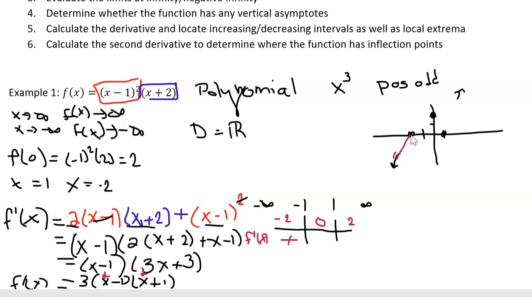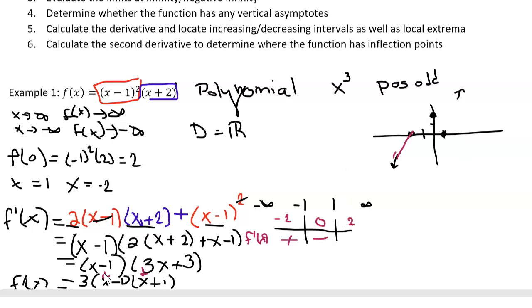So over here, now I don't know where this point goes, so I'm not going to go too far. I know that's increasing. When I plug in 0 to these two locations, I get a negative times a positive, which is a negative. So I know in between -1 and 1 that the function is decreasing. But again, I don't know how high up it goes, so I'm not quite comfortable sketching that in.